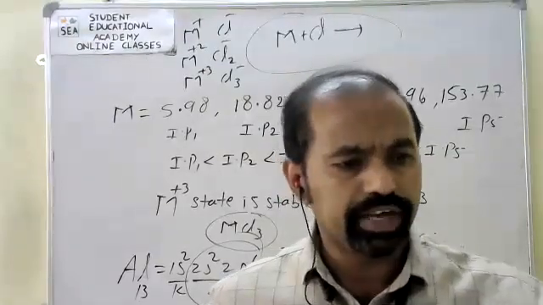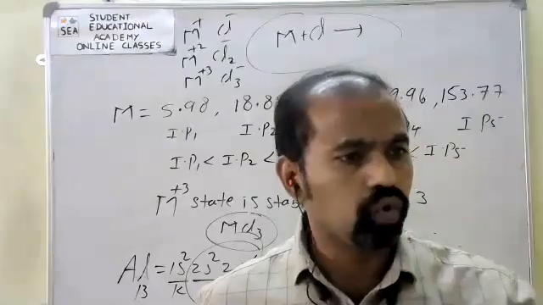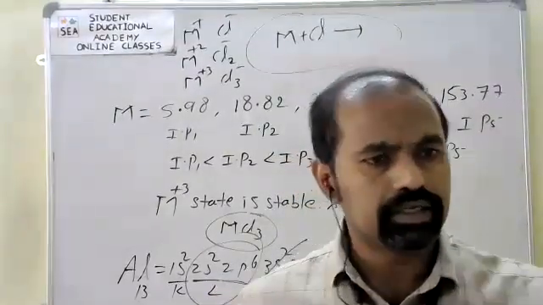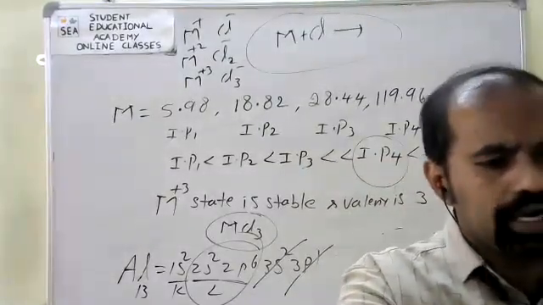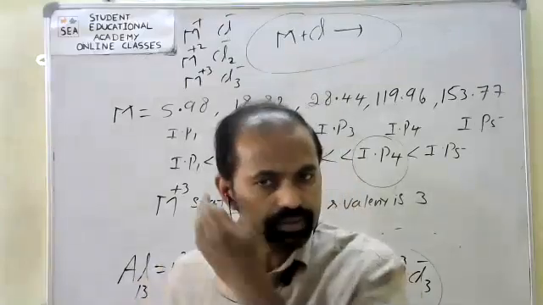So, periodic classification. First, level 2 classwork. See, level 2 classwork in the periodic table.